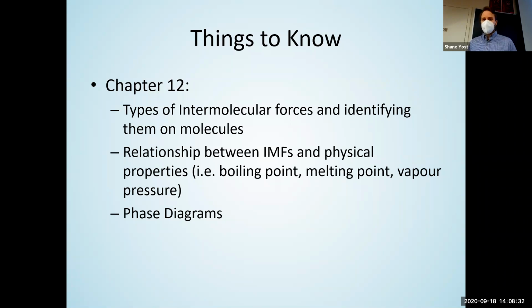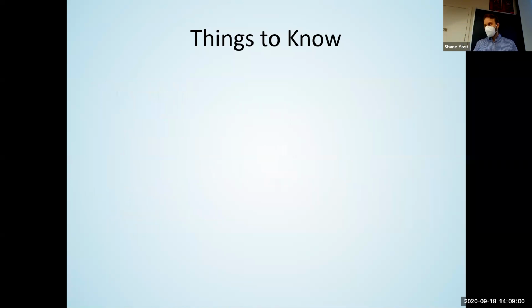Then understanding the relationship between those forces and properties of your molecules in the solid and liquid phase, like boiling points, melting points, and vapor pressures. Then knowing your phase diagrams and heating curves, understanding what those are and being able to label them. Those are the main concepts from chapter 12.